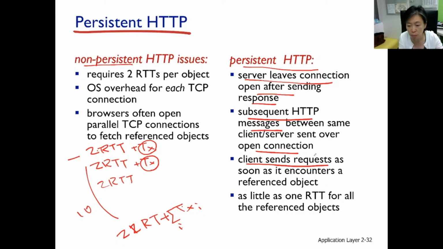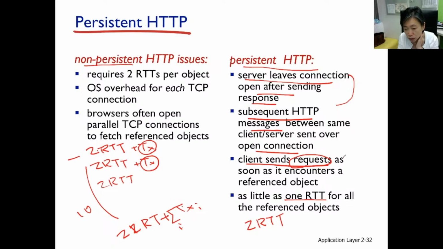Persistent HTTP without further clarification is the persistent HTTP with pipelining. So the client here will send all the 10 requests as soon as possible. Okay. So in the end, it's just one round trip time plus the transmission time of all these objects. So altogether, just 2 round trip times. First is to establish the connection.